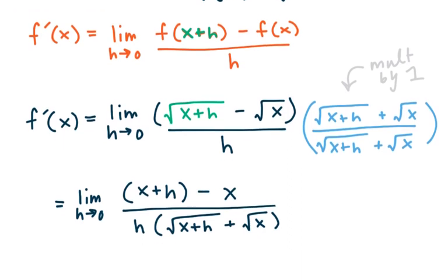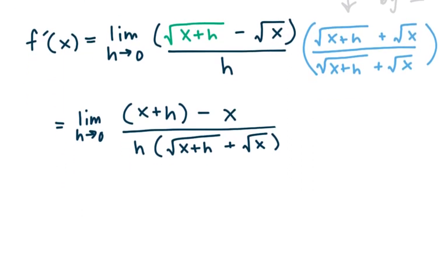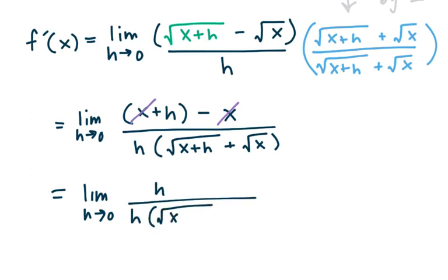All right. Now what we notice is the numerator, I have x minus x, that simplifies out. I have the limit as h goes to 0 of h over h times the quantity square root of x plus h plus square root of x.